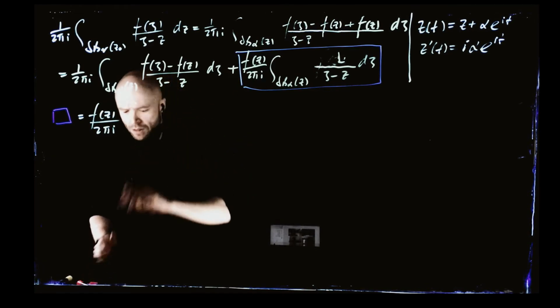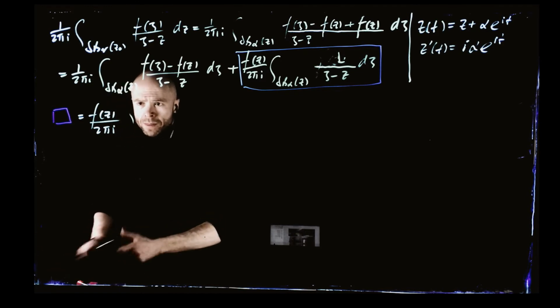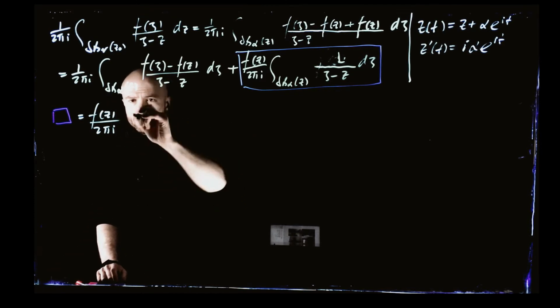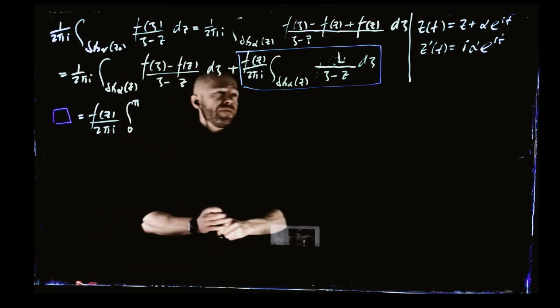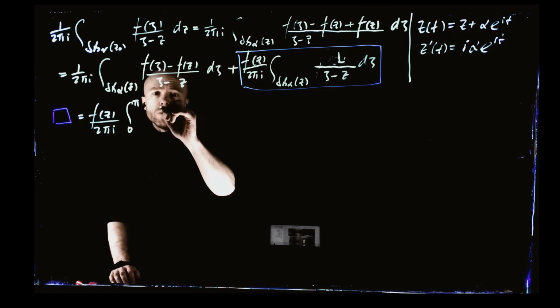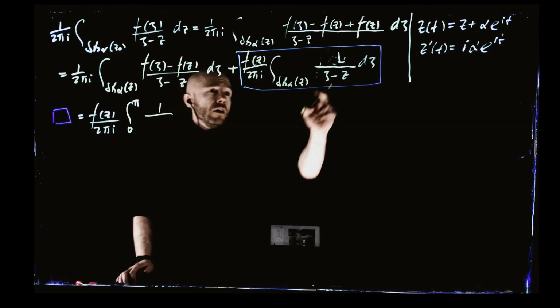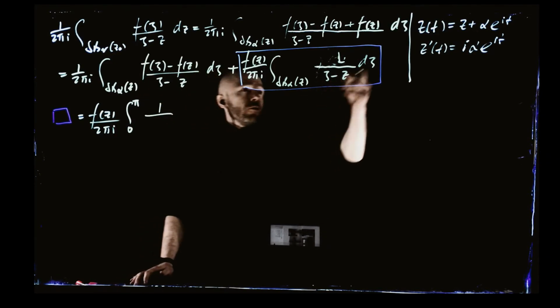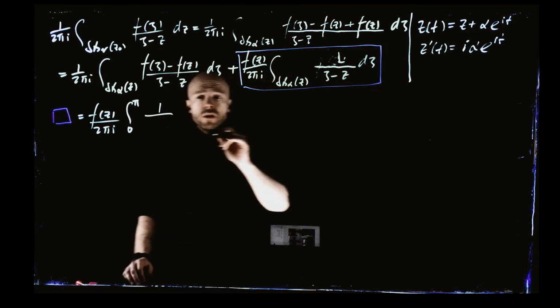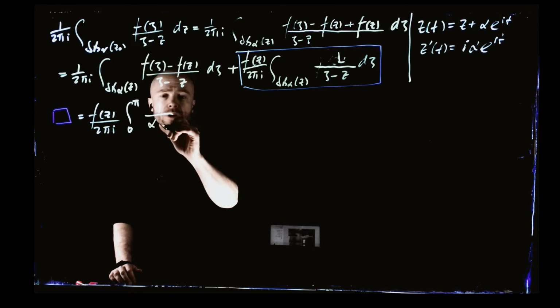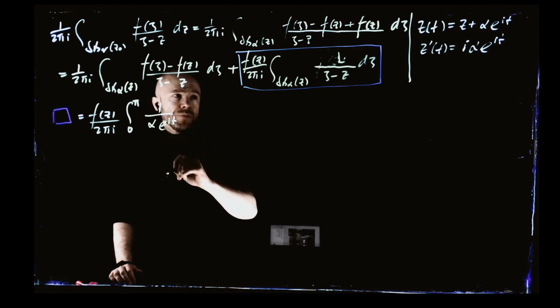So integrating from 0 to pi, like this, and then we put in the stuff. So we're going to have 1 over, now zeta is going to be replaced by z of t, and it's equal to this thing, so the z's cancel. So over here, we're going to have alpha e to the it. Yeah?